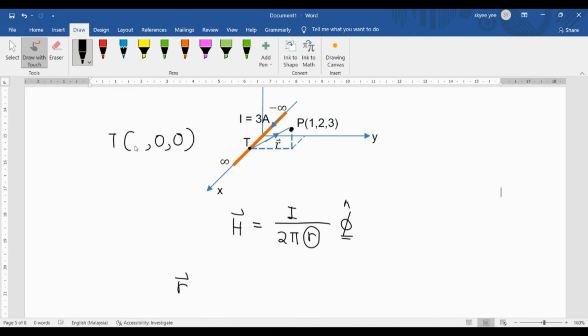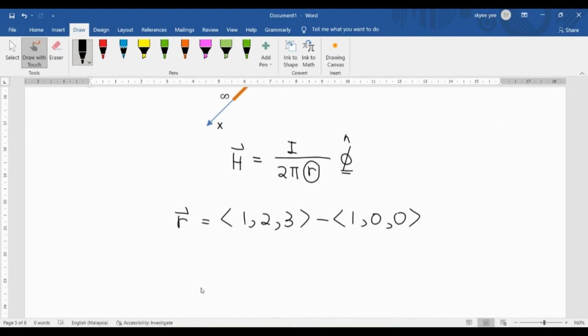So when we don't know the coordinate of x, we have to refer to the observation point, which is 1. So this will be equal to (1, 2, 3) minus (1, 0, 0). So it will be equal to (0, 2, 3).